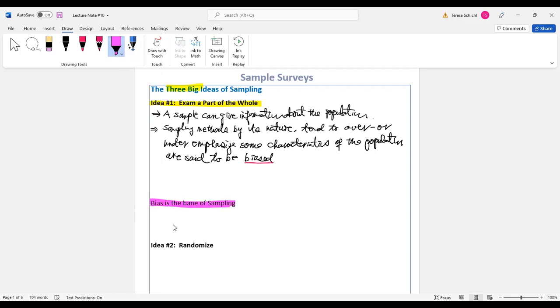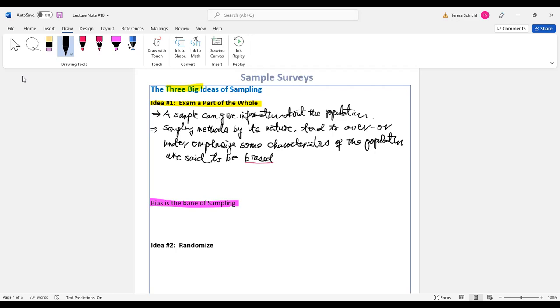When you do sampling, the number one criterion you need to be careful about is to minimize this bias. If you don't minimize it, then when you use this method to estimate your population, you're going to have flaws in your estimations. This is the thing we want to avoid.